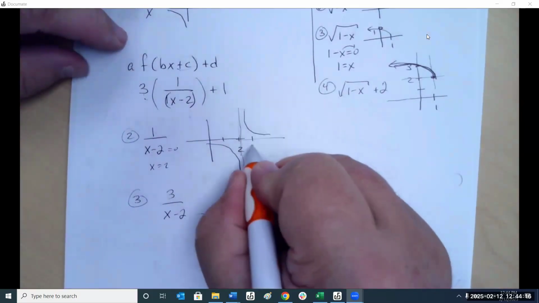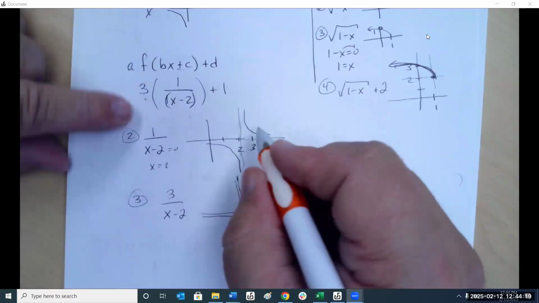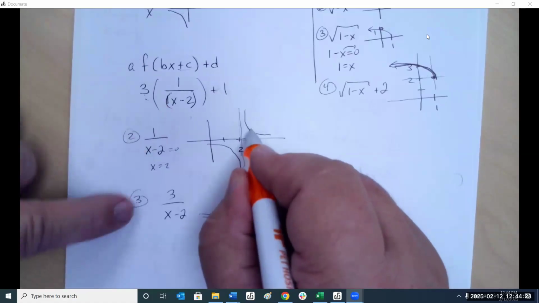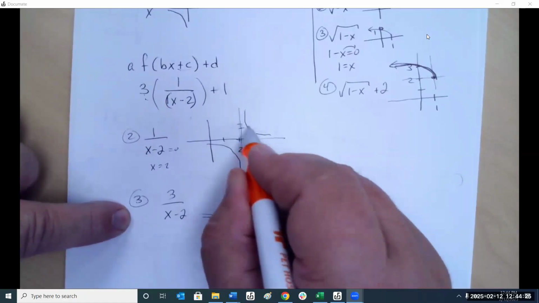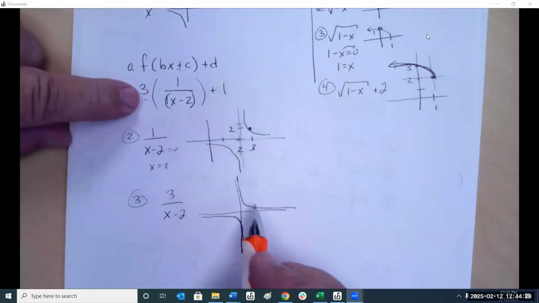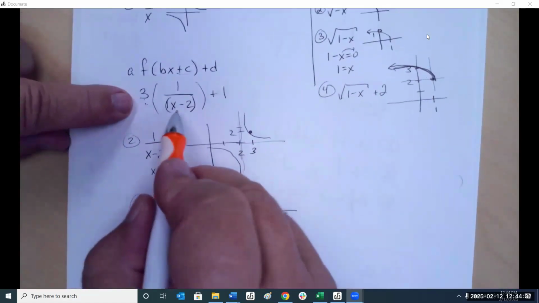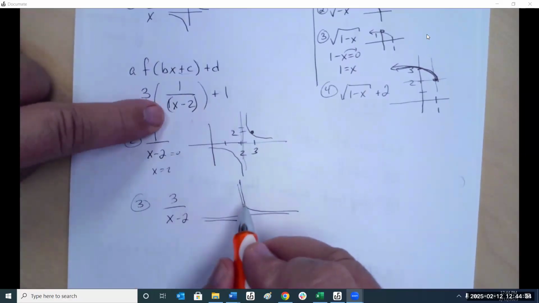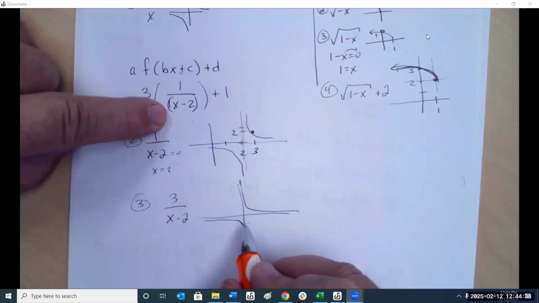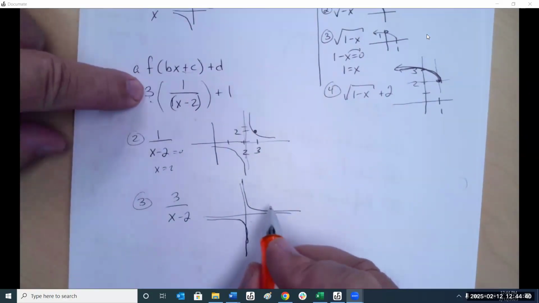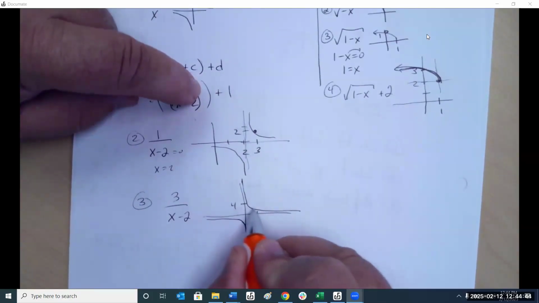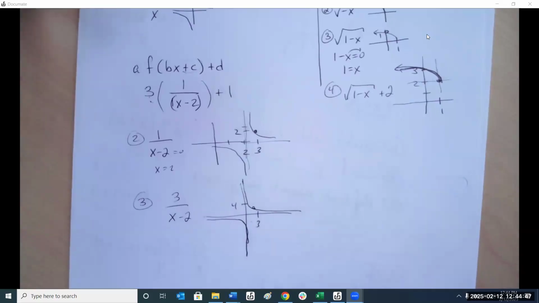Here, for the original one, if x is 3, it's 1 plus 1, which is 2. But with this one, if x is 3, 3 minus 2 is 1. 1 times 3 is 3. 3 plus 1, so now at 3, it goes up to 4. So it grows a lot faster.